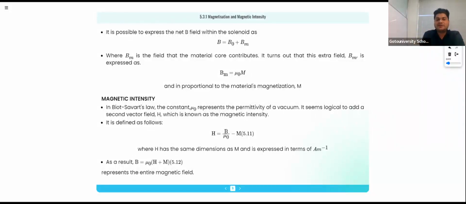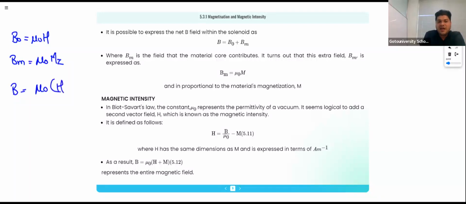Outside will be known as B naught, equal to mu naught H. Inside it will be known as Bm, equal to mu naught Mz. So your B will be B naught plus Bm, that is mu naught (H plus Mz). Therefore, B upon mu naught is equal to H plus Mz.